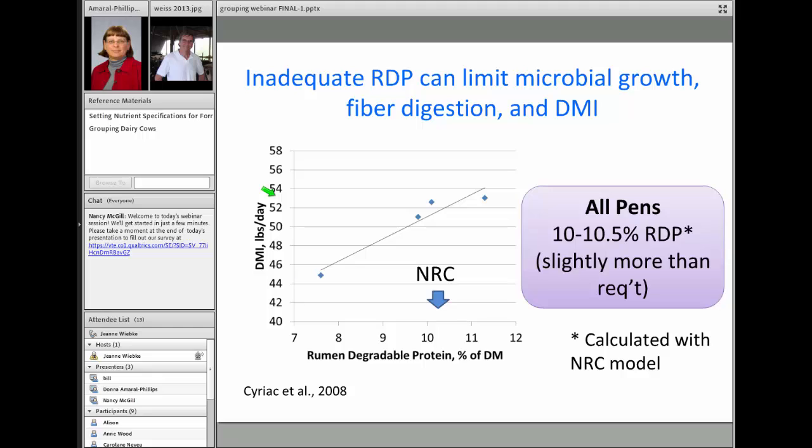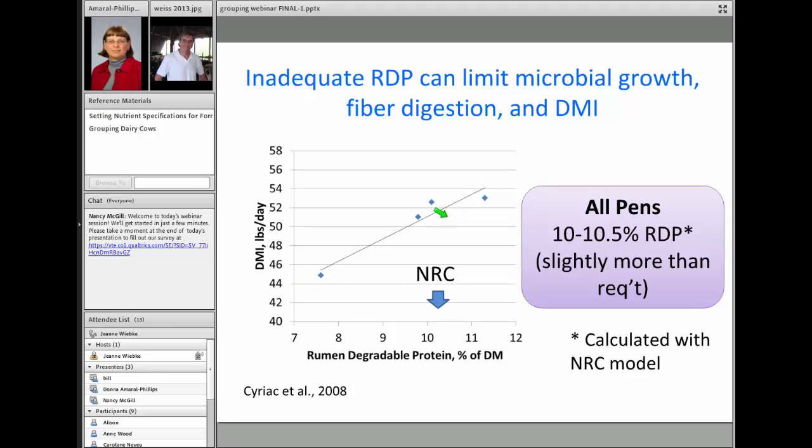But because this isn't a function of milk production, it's really not that dependent on your demographics in the pen. This is using the NRC model, and if you're using other software, your set point will be different, so keep that in mind. This is just showing you the requirement here.